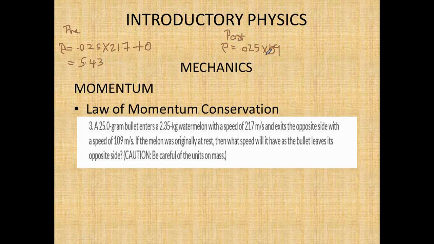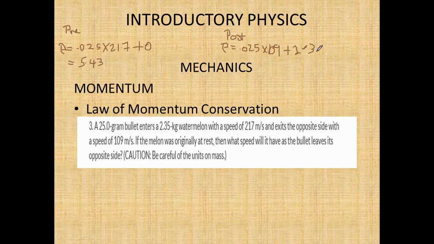You're going to add to that the momentum of the watermelon after the collision. The mass of the watermelon is 2.35 kilograms. Remember, the bullet didn't lodge in the watermelon this time. It travels through.